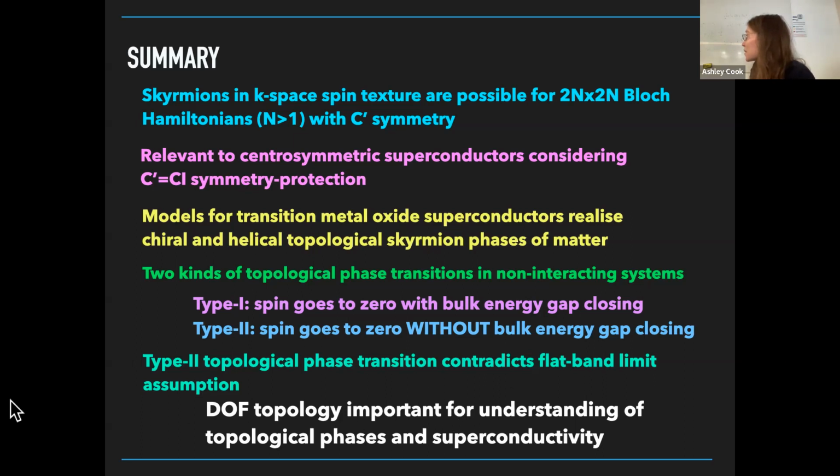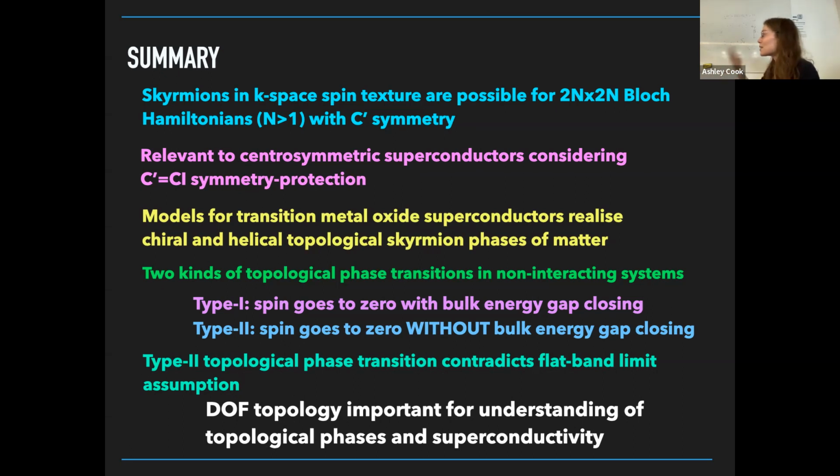And basically what I was telling you at the end, and I do not understand the full consequences of this, I am just trying to tell you that this type 2 topological phase transition contradicts an assumption that we have used very broadly over the course of the past 4 decades. So that gives you some sense of how important it may be, besides the fact that this physics occurs in centrosymmetric superconductors.